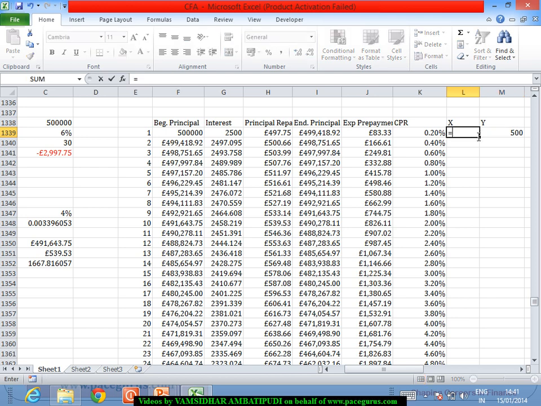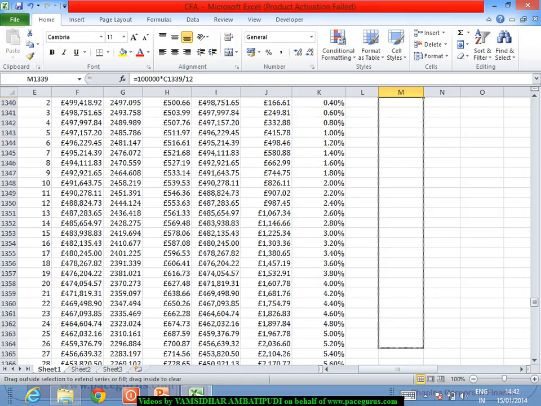whereas the tranche X will keep receiving, so let me write this as interest. Interest wise, the tranche Y initially will be receiving 500 as the interest for the entire period.